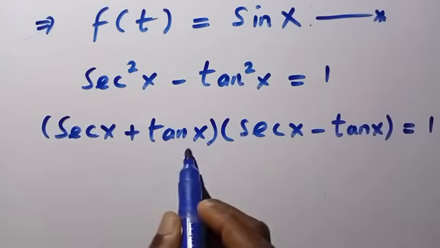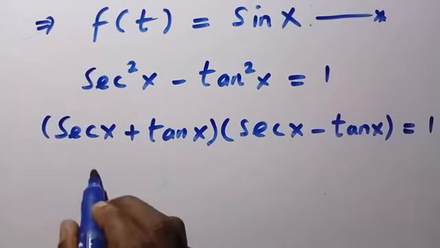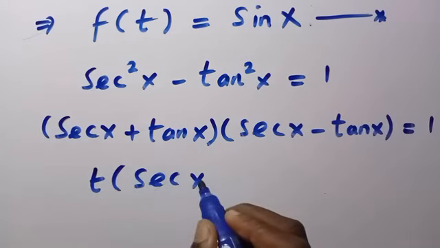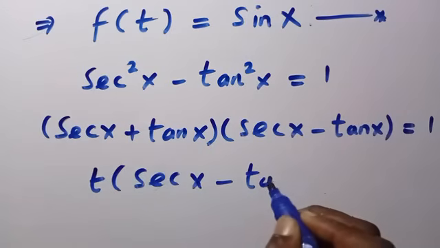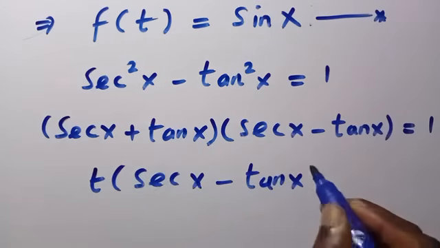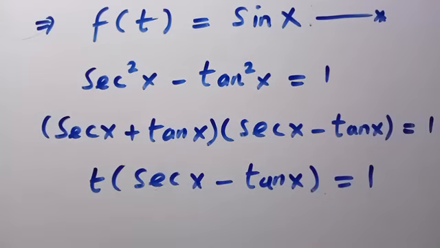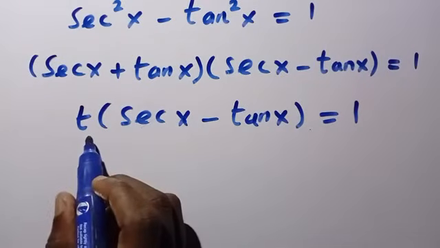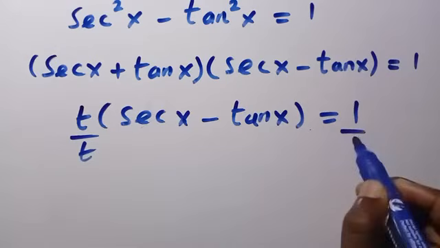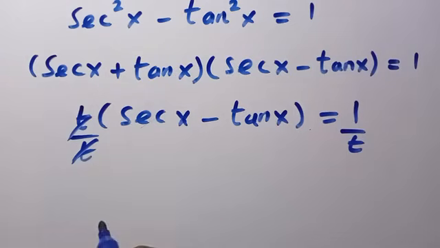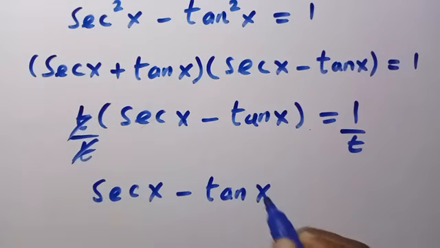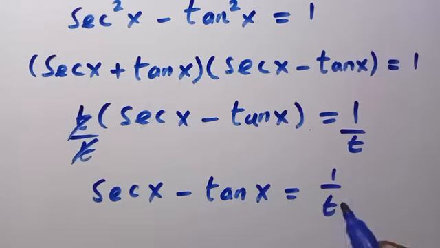By replacing this with t, we have t times the bracket of sec x minus tan x equals 1. By dividing both sides by t, the t cancels, and we have sec x minus tan x equals 1 divided by t.